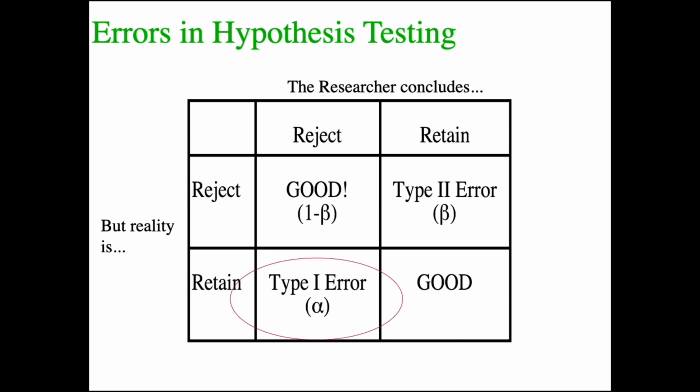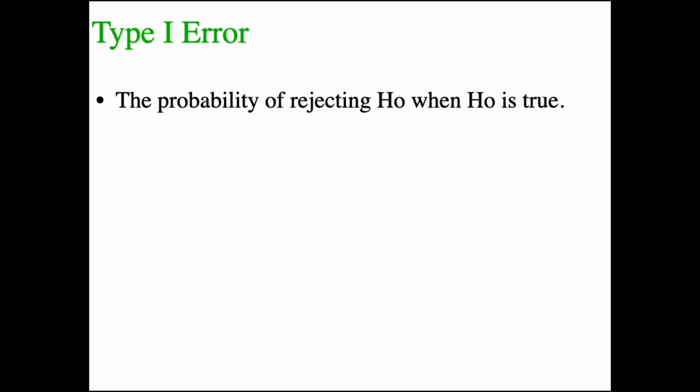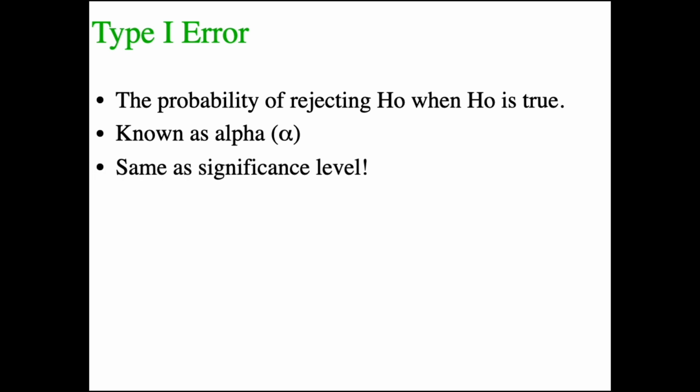Let's go ahead and take type 1 error first, the alpha. The probability of rejecting the H0 when the H0 is true. As I said, this is known as alpha. And it's the same thing as our significance level. That is, whenever we say that we're going to decide whether it's 0.05 or 0.01 or 0.001, when the p-value has to be below a certain criterion, we're actually setting alpha.